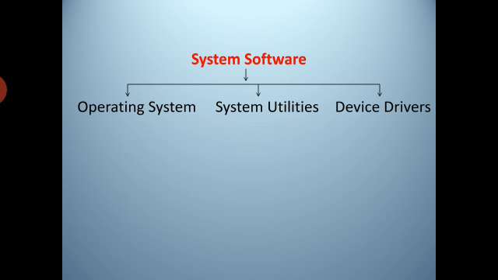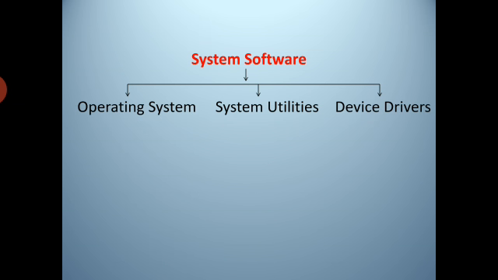Some of the popular operating system softwares are Windows, Linux, Android. Operating system is an interface between the user and the computer and supervises the working of the computer system. It monitors and controls the hardware and software of the computer system.